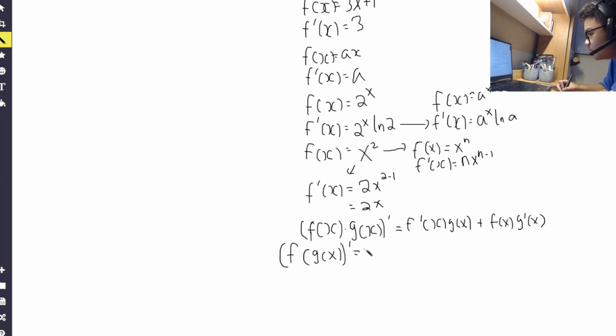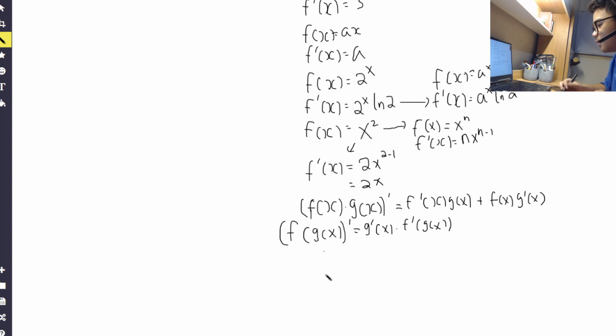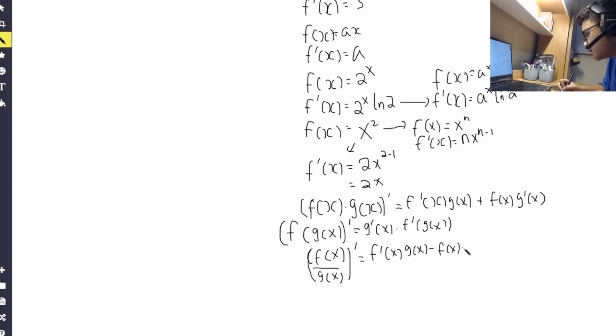Okay, next the quotient rule, where the derivative of f of x over g of x is going to be f prime of x times g of x minus f of x times g prime of x, divided by g of x squared. That's for the quotient rule.